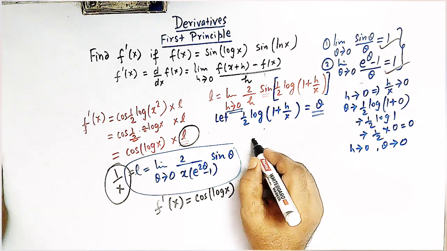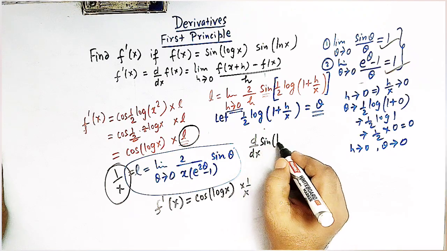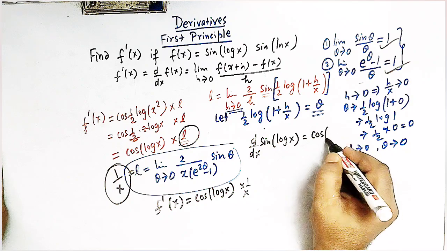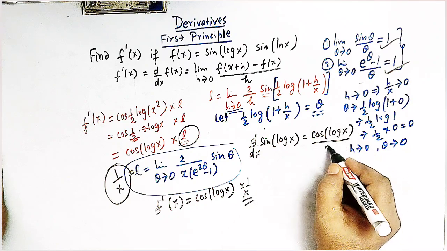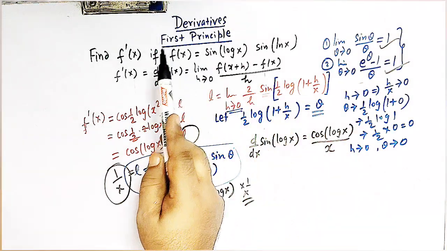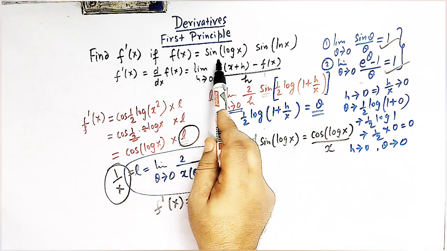So now we can write d by dx of sine log x is equal to cos of log x divided by x, right?